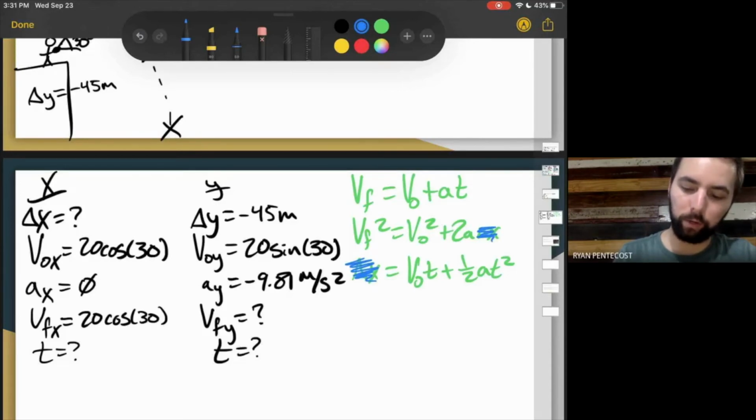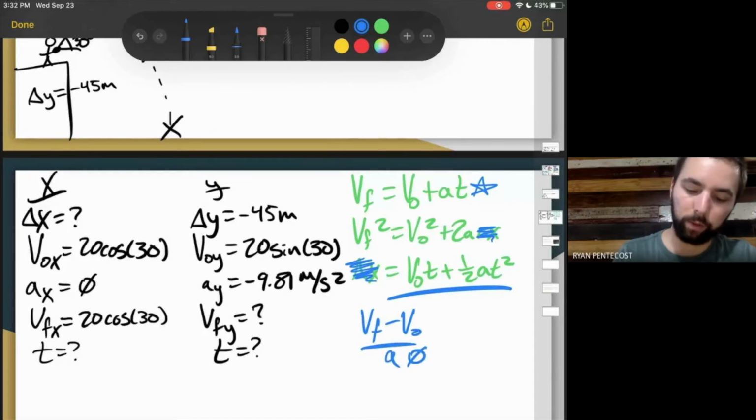A is 0 and we need time. So we don't want to use this equation here. It'd be interesting to find that, but that doesn't tell us anything, right? Because if we find that, that would be v final minus v naught over a, which is 0. And this up top would also be 0. So we've got 0 over 0. That won't work. So that's dead.